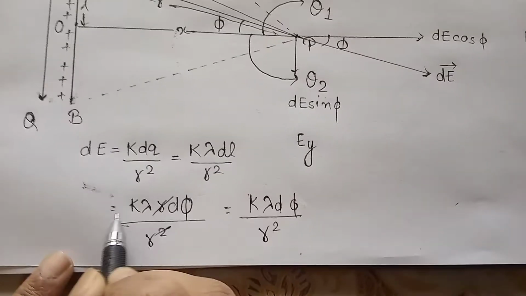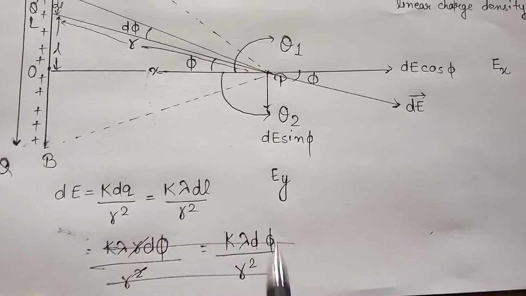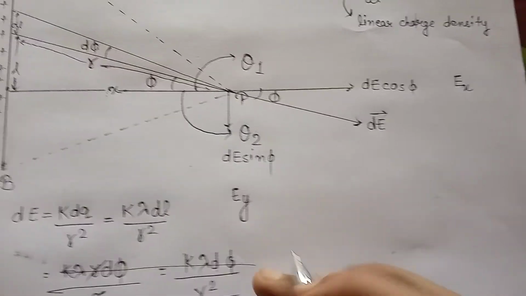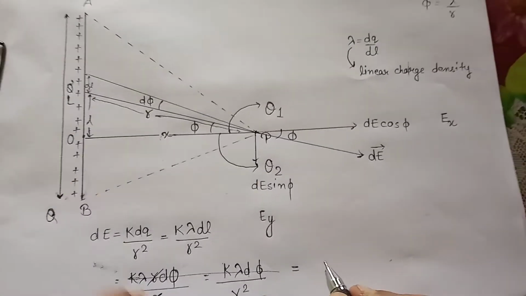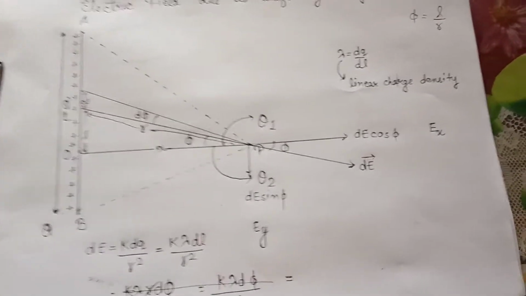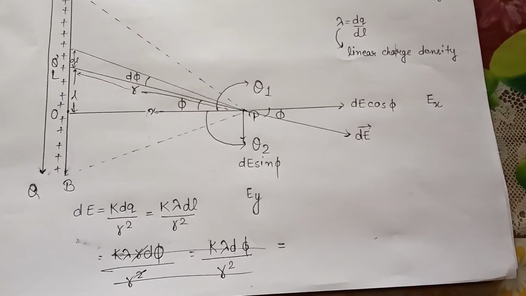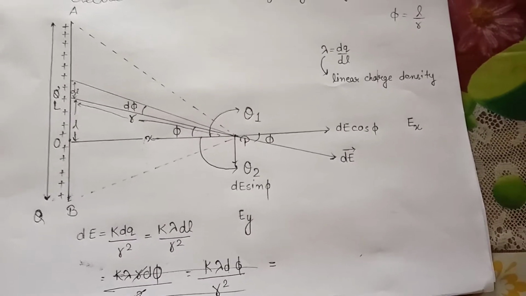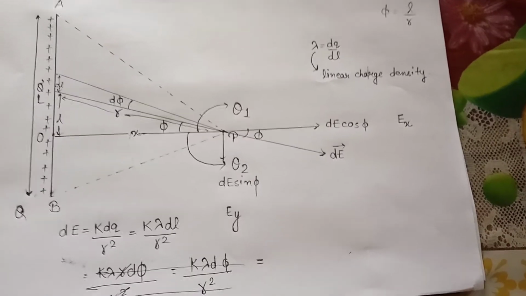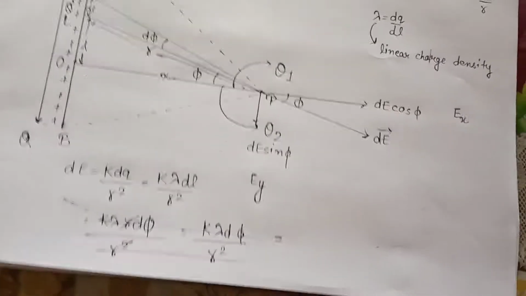Sorry, one mistake here. This dl will not be r d theta, because dl is also variable and r is also variable, so we cannot break dl into r d theta, because r and theta both are variable, so we cannot solve it by that.